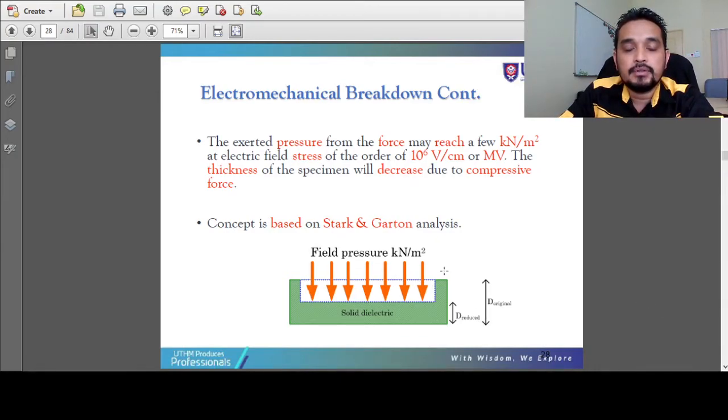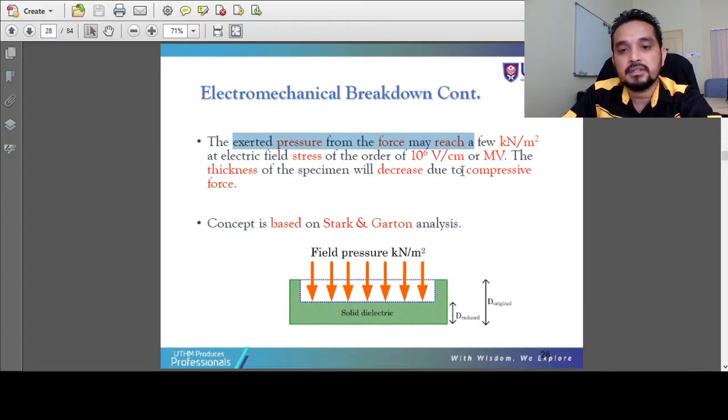So I didn't read the explanation for you. The best way to describe this is by using the Stark and Gatton analysis. It means that the exerted pressure from the force due to the electric field, the electrostatic field, due to the applied voltage level, will cause a reduction in the thickness.